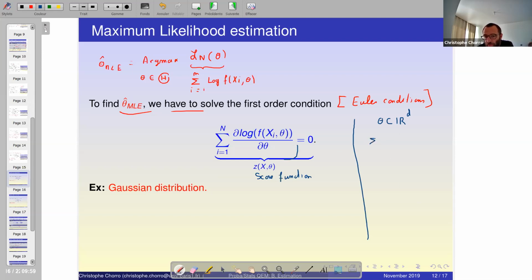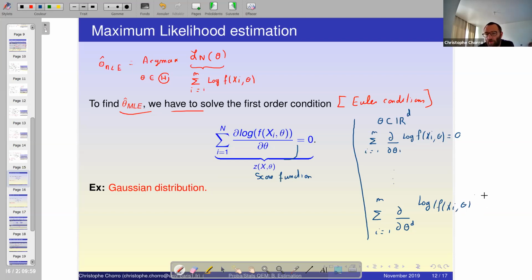So I will have the sum from i equal to 1 to n of d over d theta 1 of the logarithm of f(xi, theta) equal to 0, until the sum from i equal to 1 to n of d over d theta d of the logarithm of f(xi, theta).